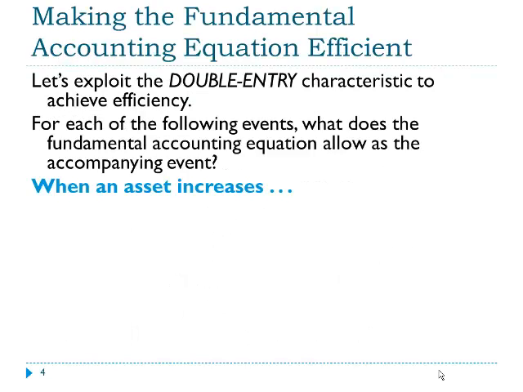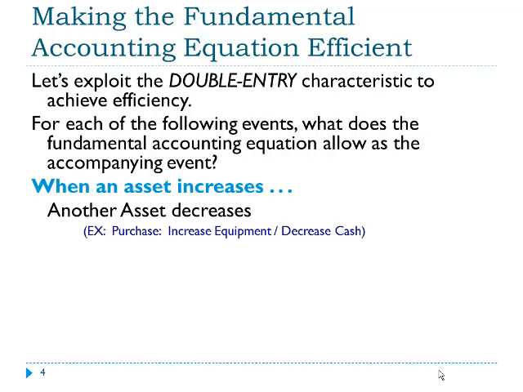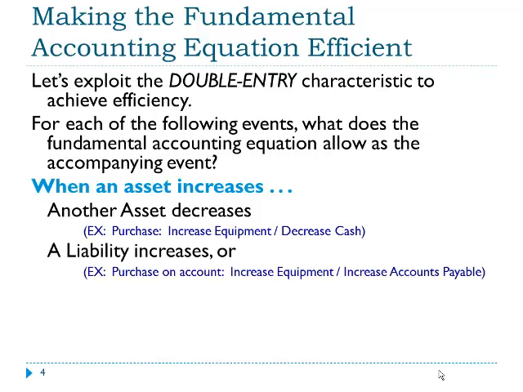First of all, let's think about what happens when an asset increases. There are really only three possibilities. If one asset in the company increases, then there must be a decrease in another asset. As in, when we purchase equipment with cash, we get the equipment, an asset goes up, and another asset goes down, the cash.